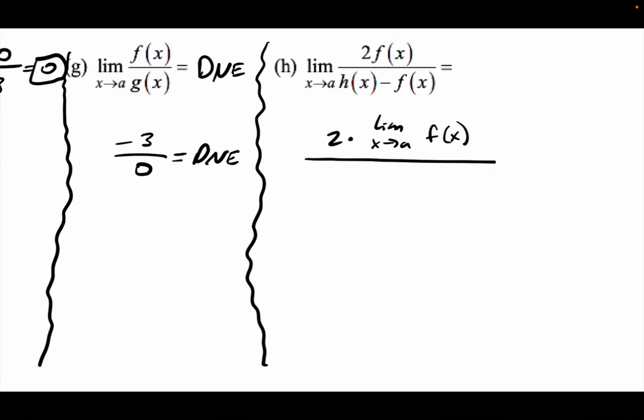That's what the scalar property says. Scalar means multiplying. On bottom, I have difference, so subtract. So I'm going to do the limit as x approaches a for h of x minus the limit as x approaches a for f of x.